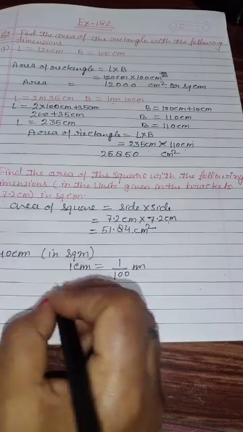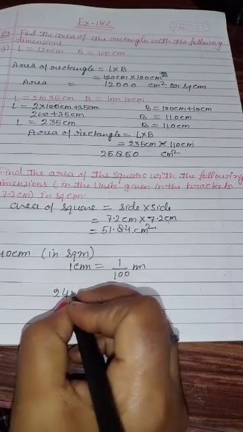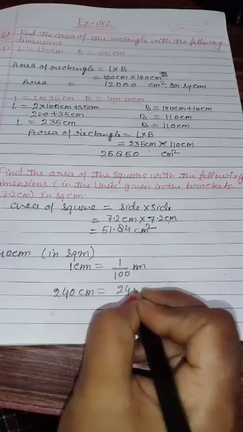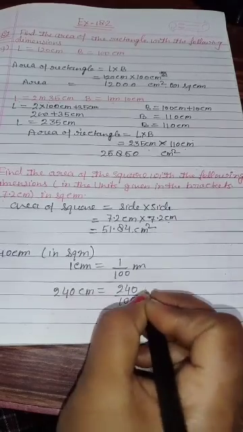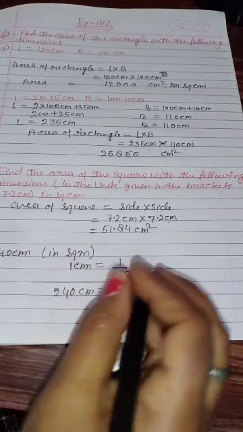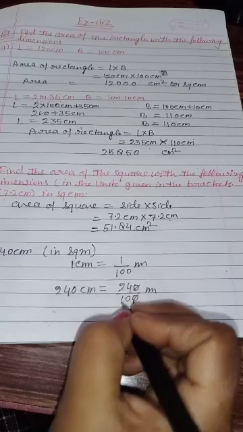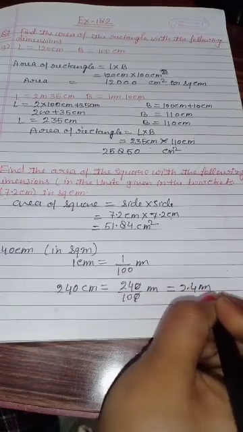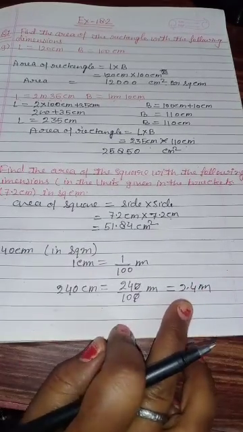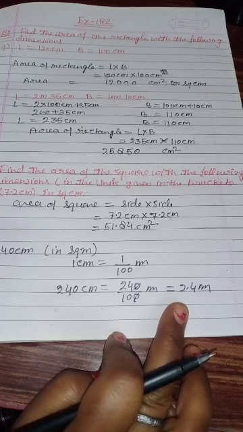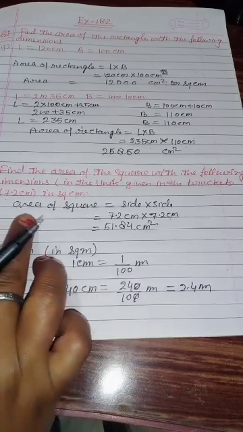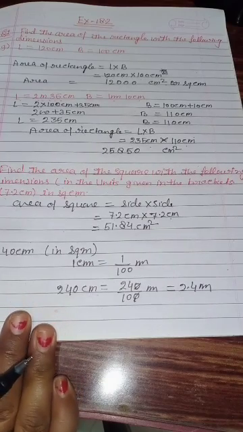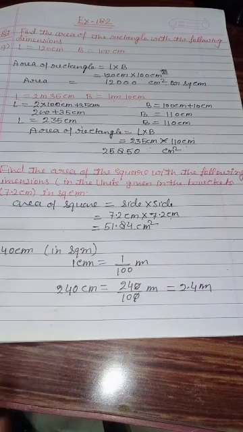So 240 centimeter is equal to 240 divided by 100 in meter. So these two will cancel, and your answer will come 2.4 meter. Now I have changed the side of the square to 2.4 meter. Then you will find the area of the square. I am not doing this part, you will do this part yourself.